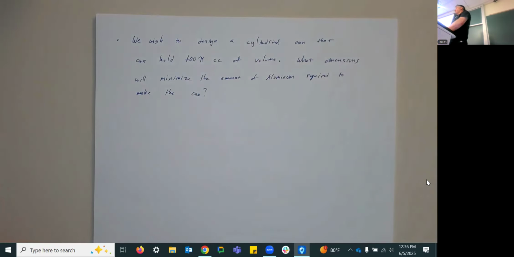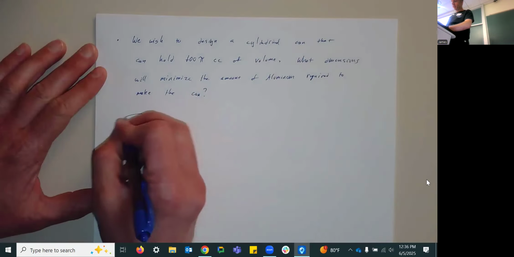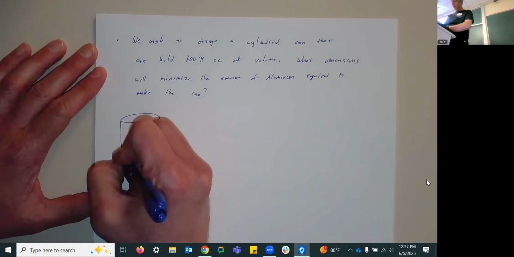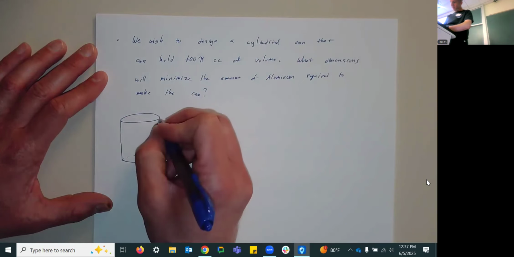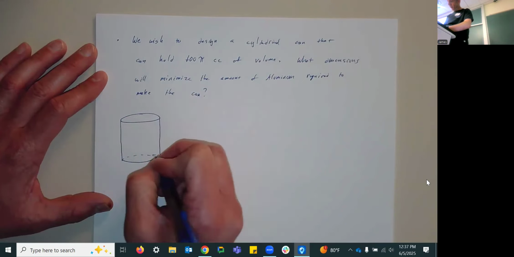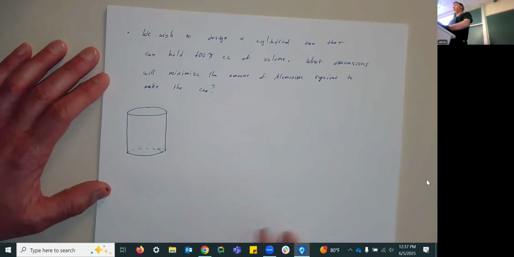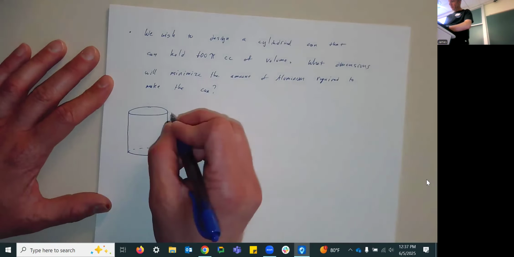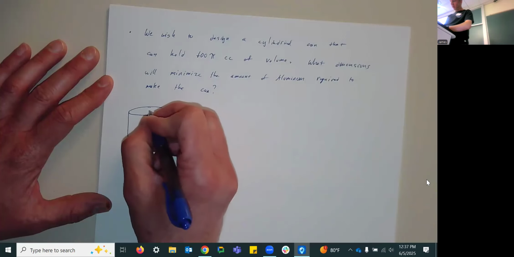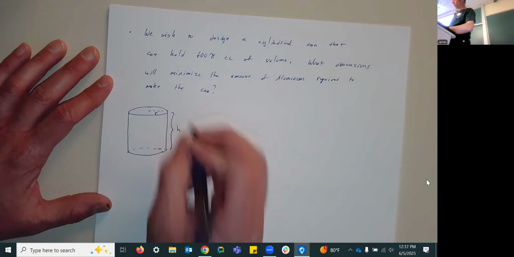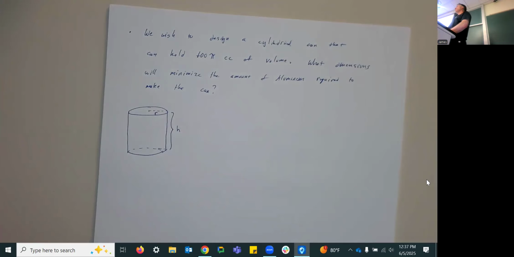Even though I want to start writing equations, I'm first going to draw a picture of my can. So here's my cylindrical can. And yes, I know Coke cans aren't perfectly cylindrical because they've got weird little bumps and ridges and things, but we know it's math. We make broad assumptions about shapes. So we're going to call the height h and the radius r. And those are the two dimensions we're trying to find to minimize what?